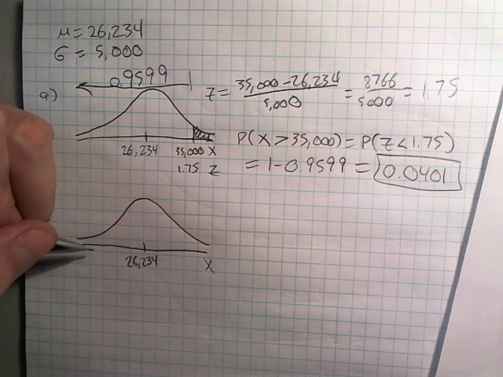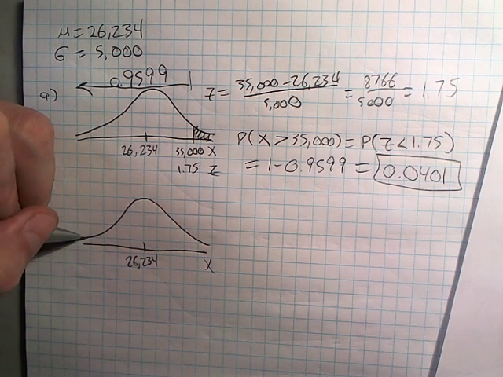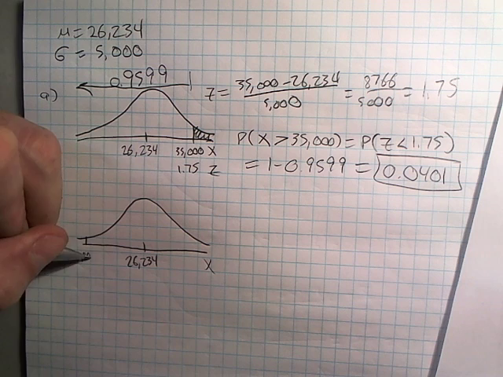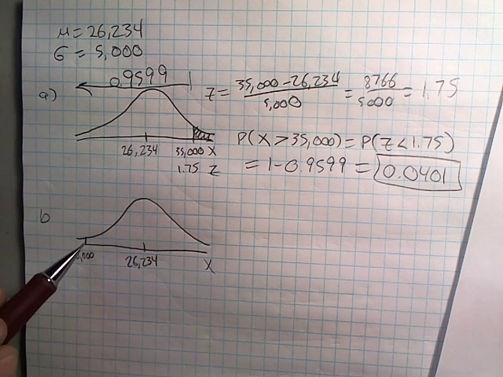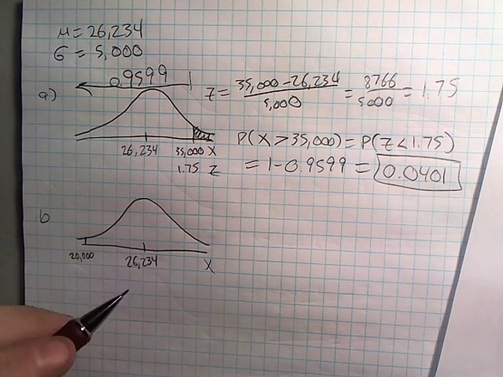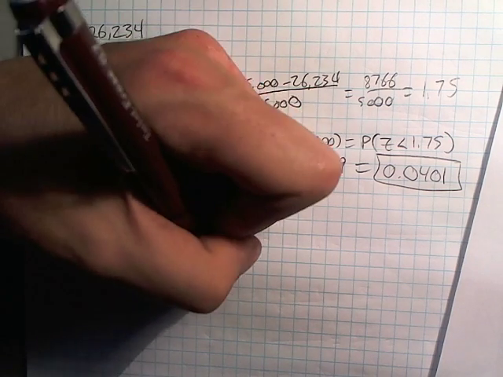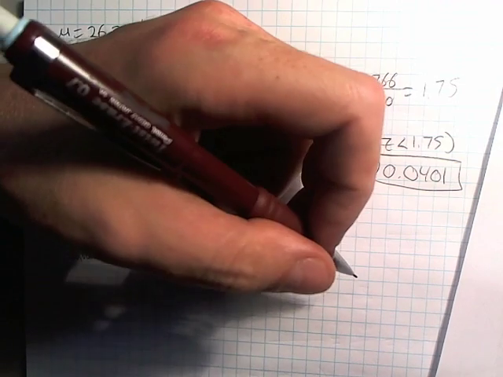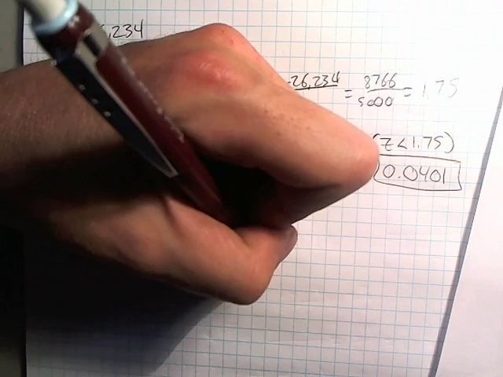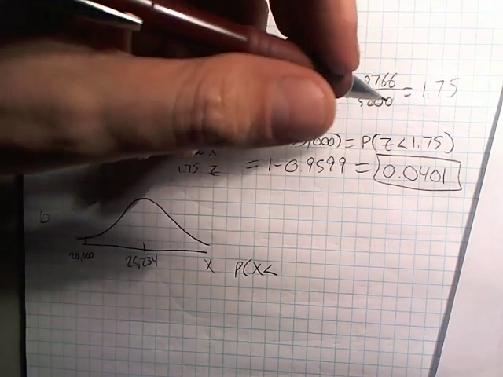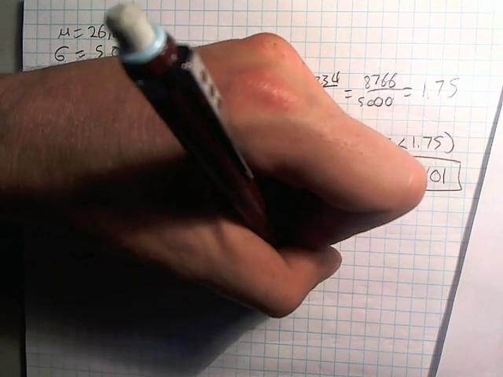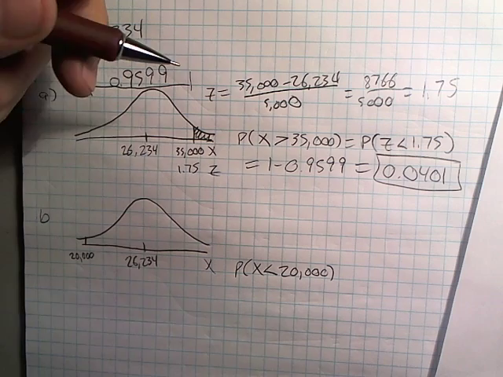In this case, however, my X value of interest is $20,000. So that will fall quite a ways to the left of the mean. And the keyword is less than: what's the probability of an annual president's housing allowance being less than $20,000 per year.